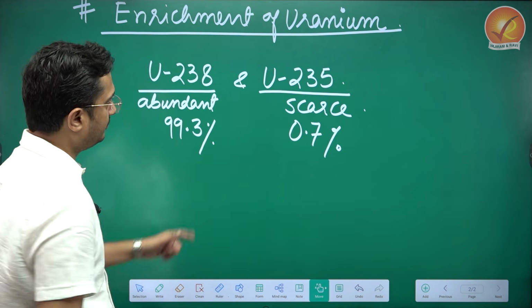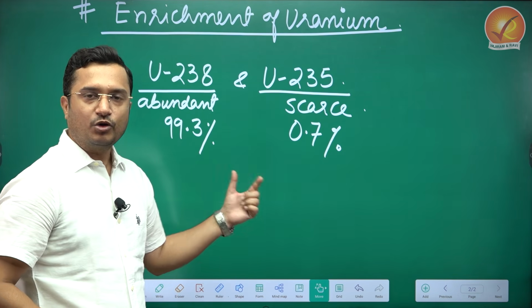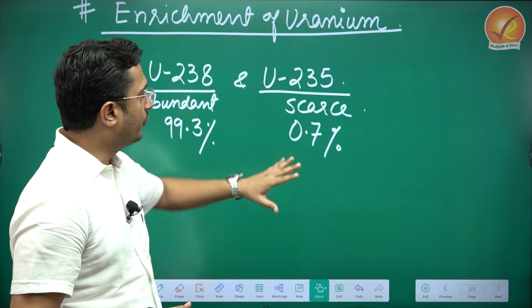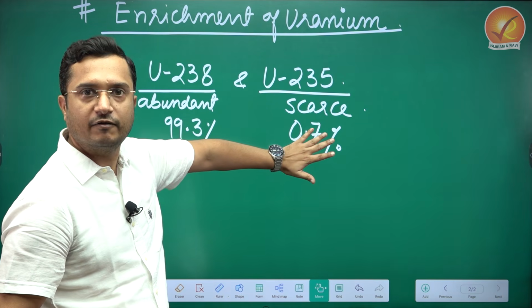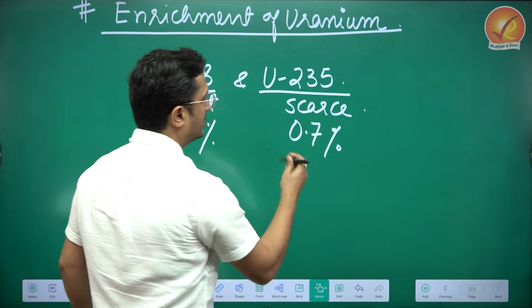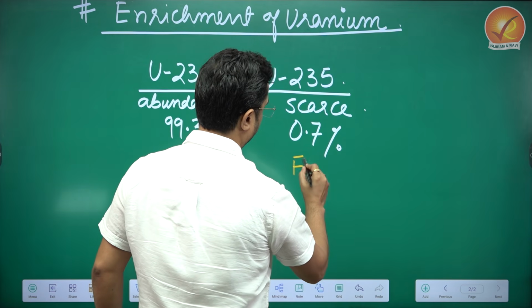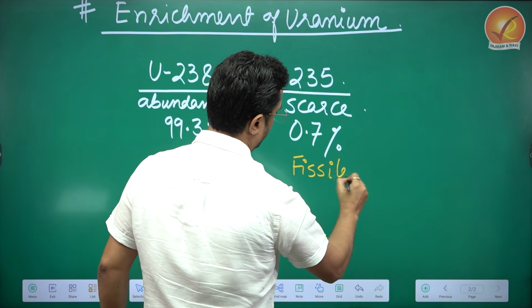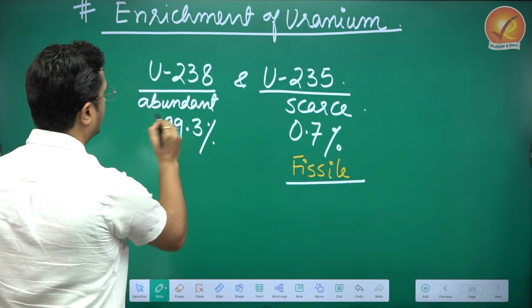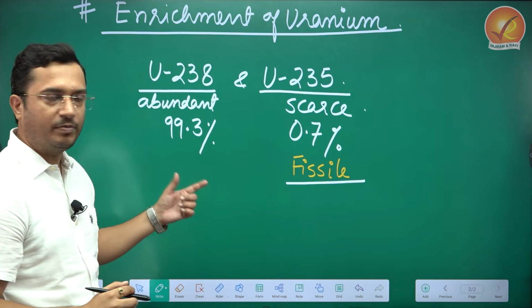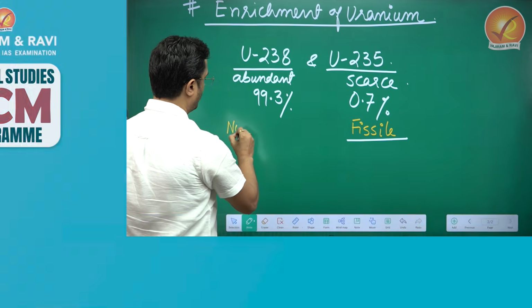But among these two isotopes, the one that can actually undergo fission is uranium-235, the scarce isotope. This is called fissile. Uranium-238, the abundant isotope in natural uranium, is non-fissile.